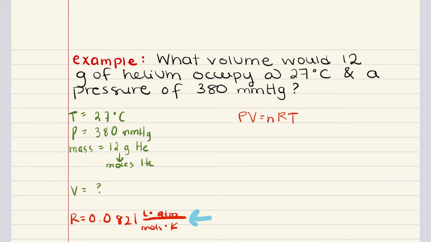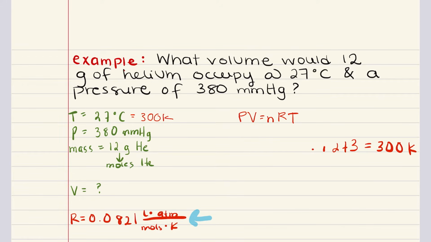So here, the first thing that we're going to do is we want to convert temperature to Kelvin. We're told that we have 27 degrees Celsius. To convert to Kelvin, we just need to add 273. This gives us a temperature of 300 Kelvin. So we can go ahead and write 300 Kelvin.